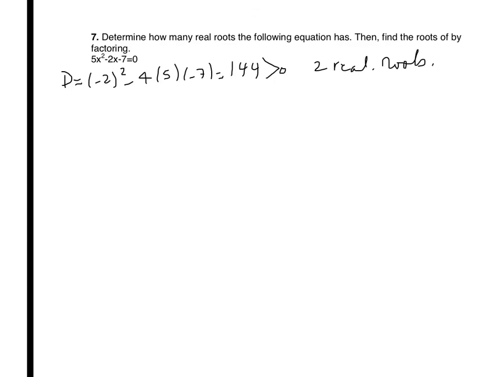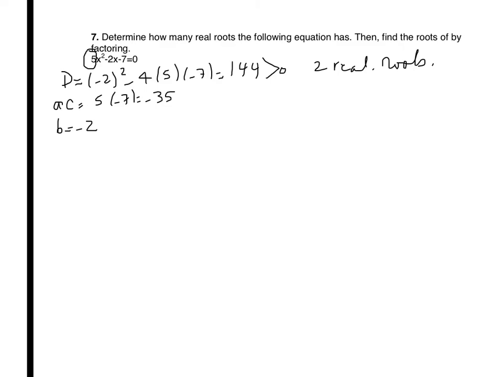Now, to solve this using factoring, I have to use the decomposition method because the leading coefficient is other than 1. So I'm going to say AC is 5 times -7, which is -35, and B is -2.